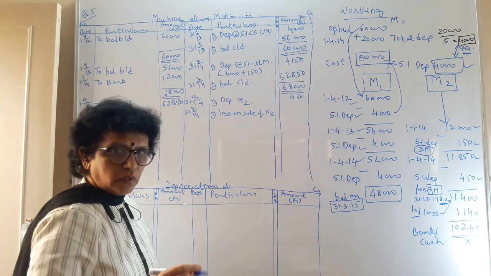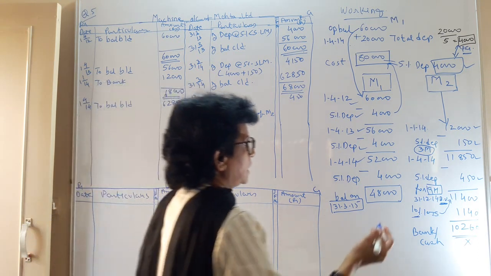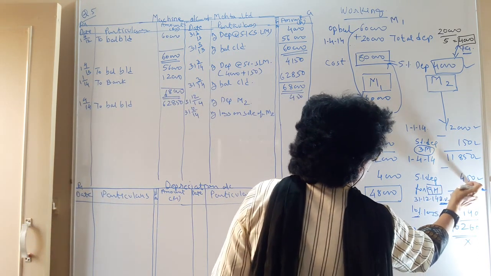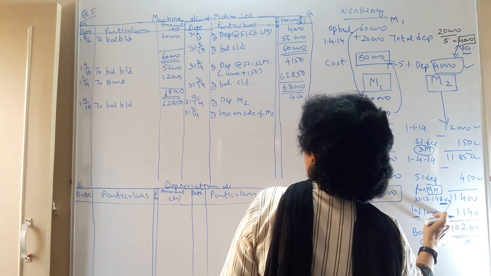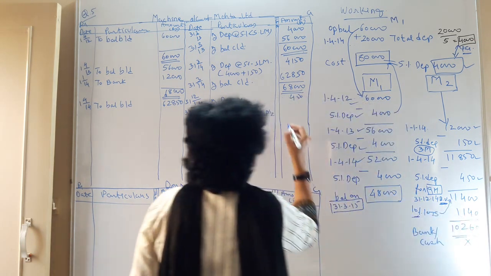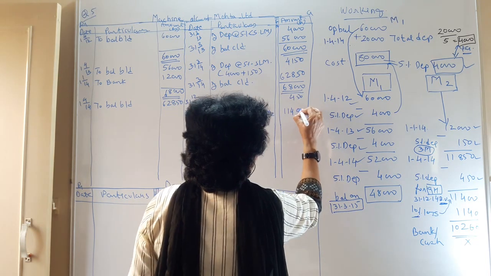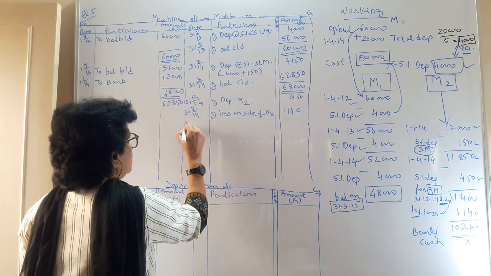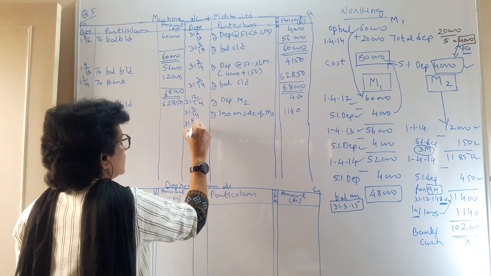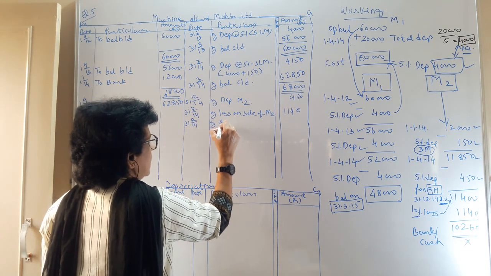Then again on the same day, you have by loss on sale of M2. See, when you have more than one machine, be specific with the figure, machine number. Loss on sale of machine, that is 1140. And then you have the receipt of cash by bank.